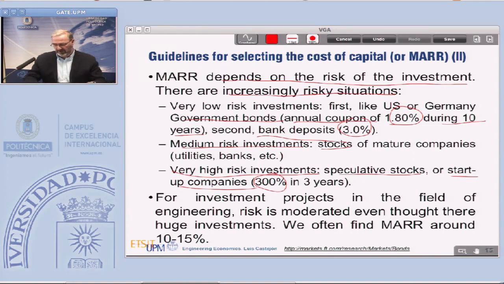And in our context of engineering, of utility or telecom companies or civil works companies, road or highway companies, the average rate of return is around 10-15%. So it's moderate risk. There is risk, of course, because those companies invest a lot of money in big capex in the early start of their business, because they have to create those assets that will generate the future cash inflows and outflows.